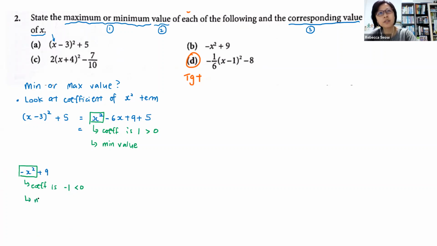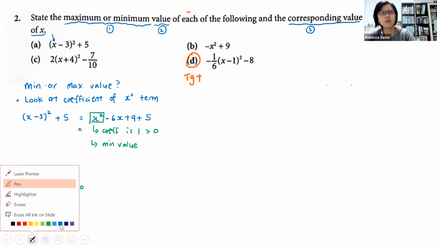Hence, this will give a maximum value. So using examples A and B, we are able to tell whether the expression has a minimum or a maximum value. I believe for C and for D, when you expand out the expression, you will be able to tell whether the expression is a minimum or a maximum.